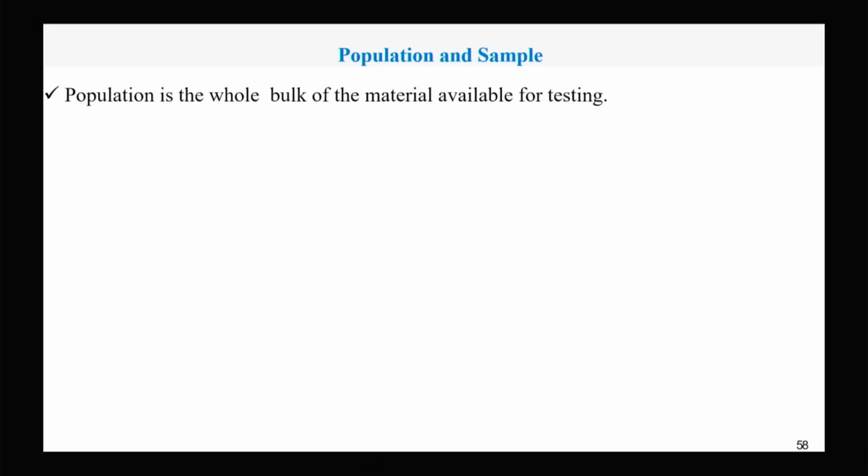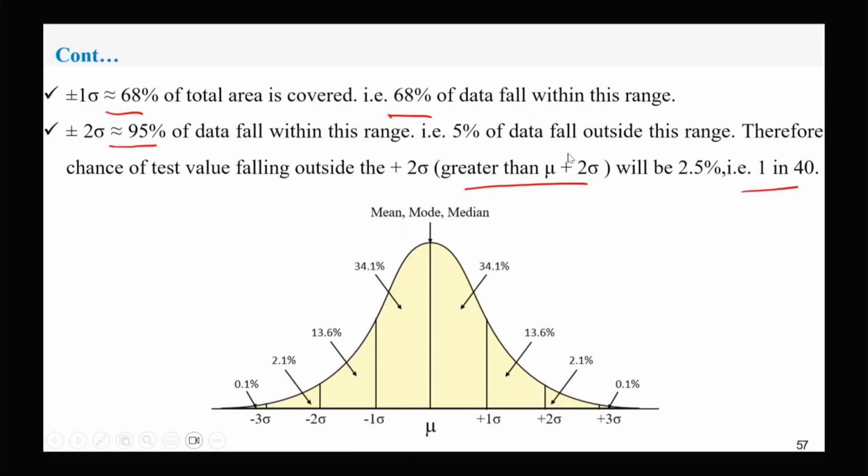Now, the problem which we have discussed: this normal distribution deals with the population value. Suppose in our earlier example we had taken 100.